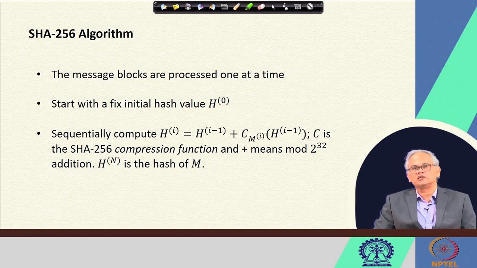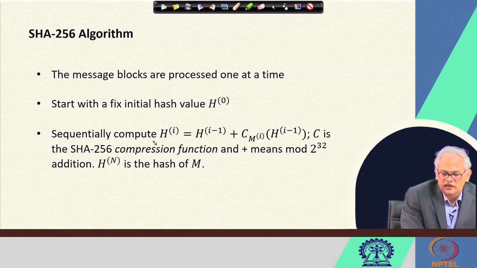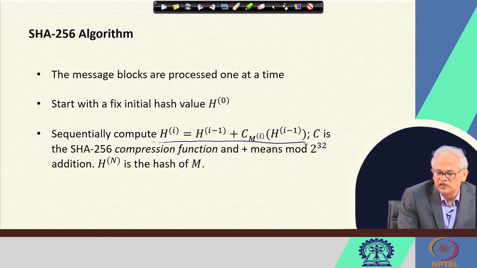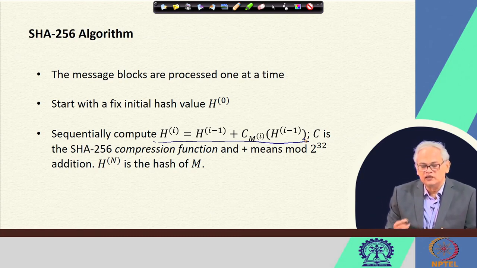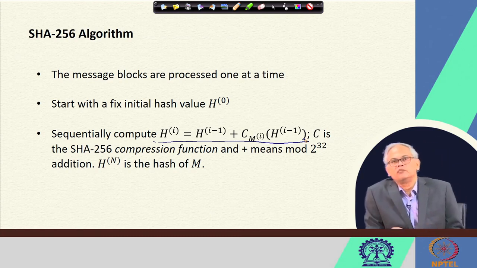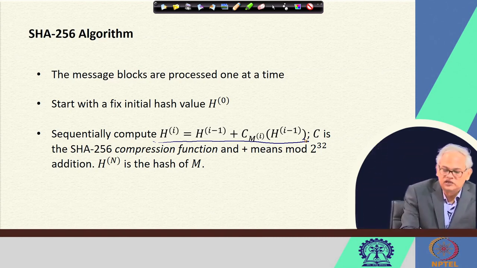And now we are generating the hash value, and this is done sequentially, as we can see in this particular step, that Hi is computed from Hi minus 1, and then we apply this C of Mi, Hi minus 1. Now, of course, it means that for H1 I need an H0, right.